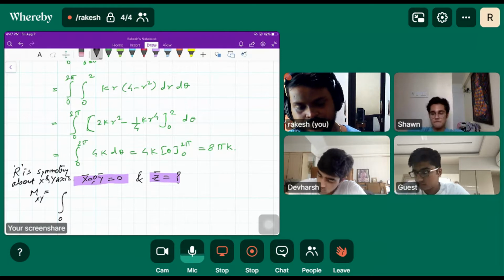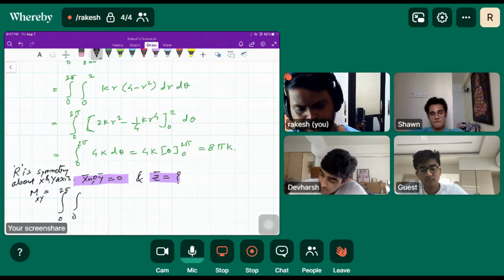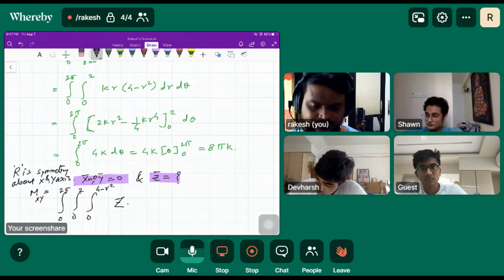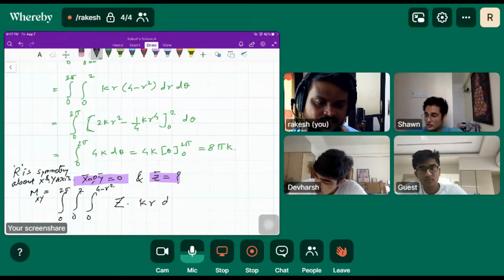So the setup will be the same except the function, that would have z extra, k z r dz dr d theta.